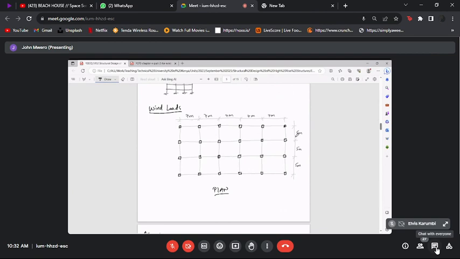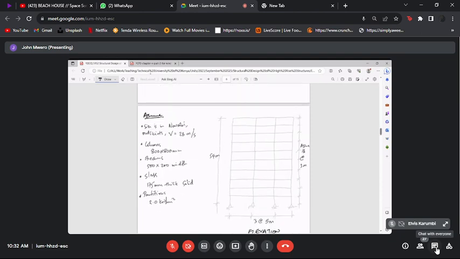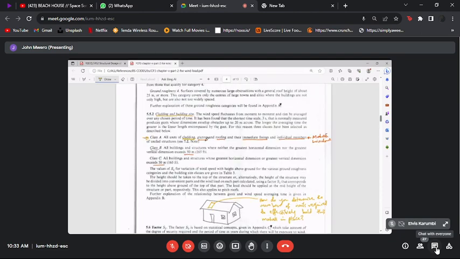The horizontal dimension, one side is 15, the other side is 35. But on account of the height, which is 54 meters, when we are considering the wind on the whole building, it would fall under class C.